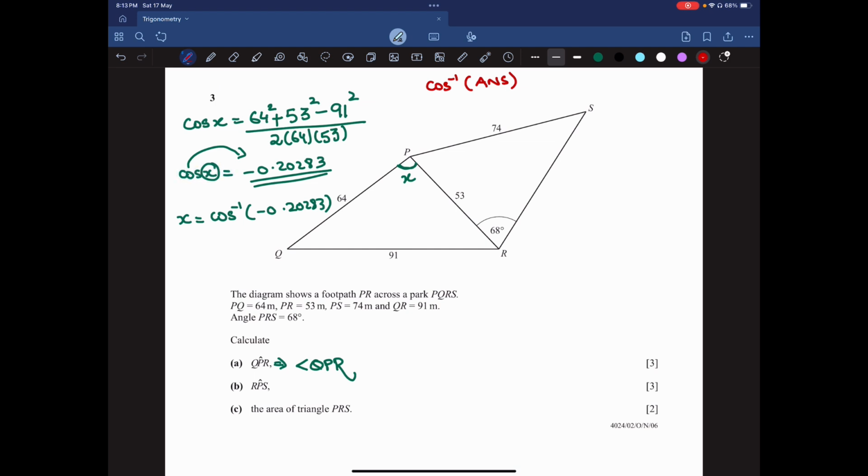Okay, so that is going to maintain the accuracy. And you get x is equal to 101.7025, and we're just going to round it off to one decimal place. Okay, so we have the answer as 101.7.